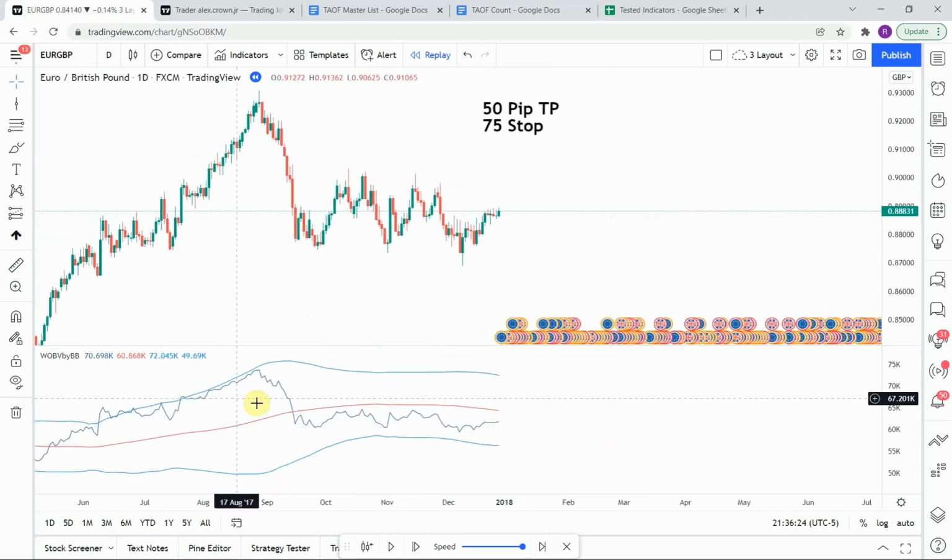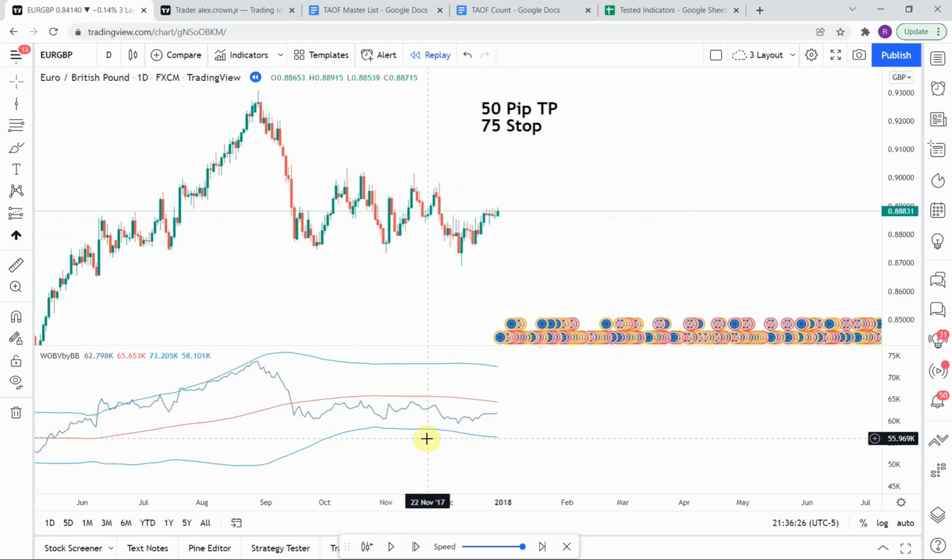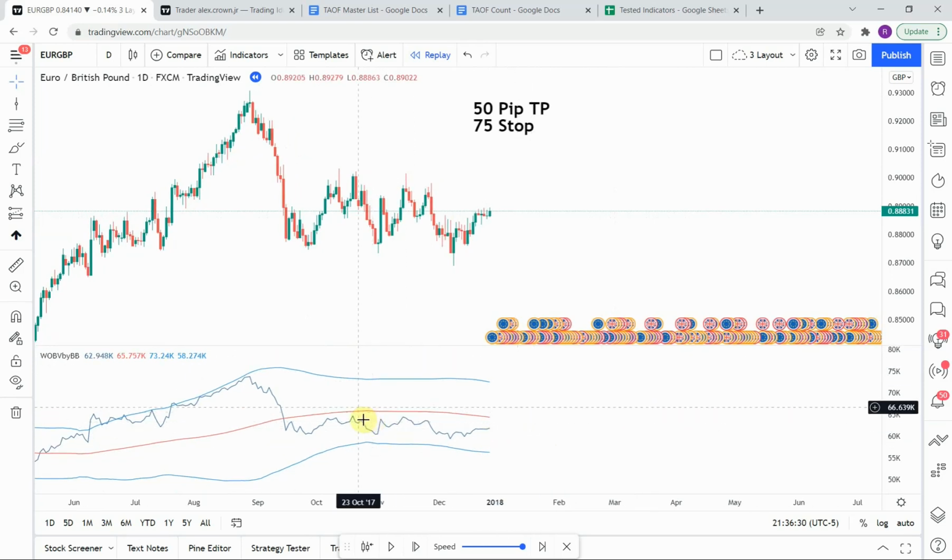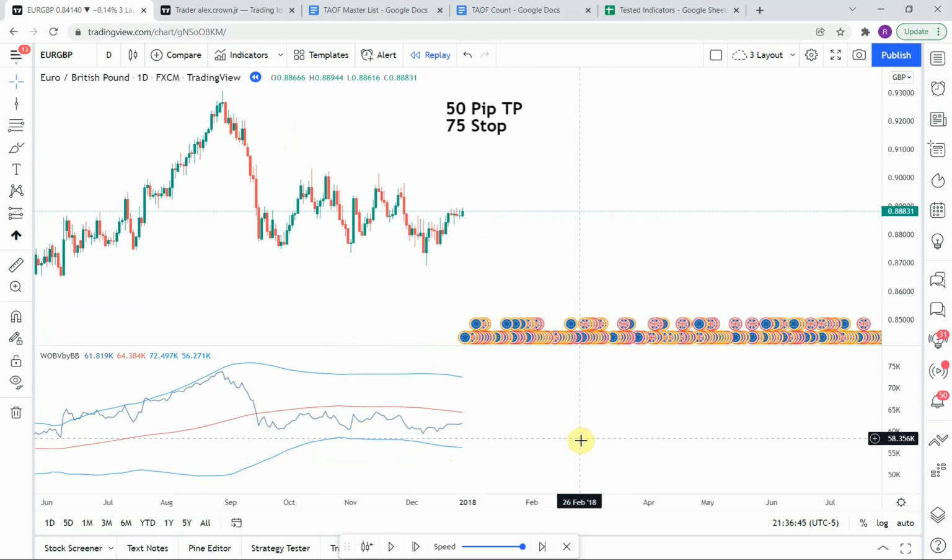What we are looking for is the oscillating line to break either below the lowest band or above the highest band. And then we are looking for the oscillating line to then cross back into this middle zone. And then we will take either a short if it's coming up from the bottom, or a long if it's coming down from the top.